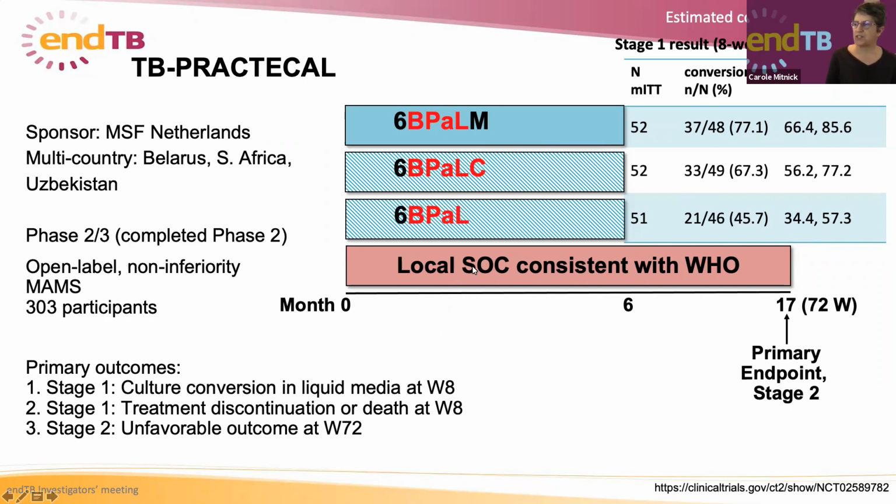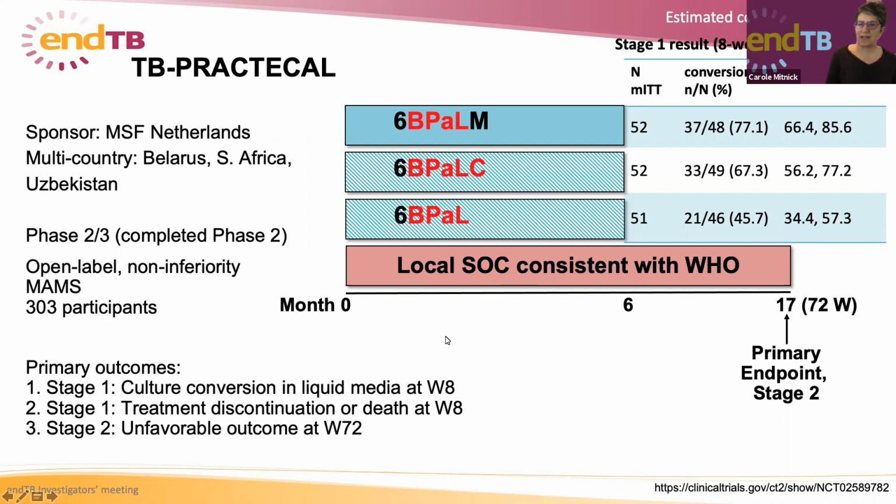And just a note, the reality of long enrollment means that this standard of care changed and went from being an injectable containing 20-month regimen to an all-oral regimen, in some cases, an all-oral shortened regimen.